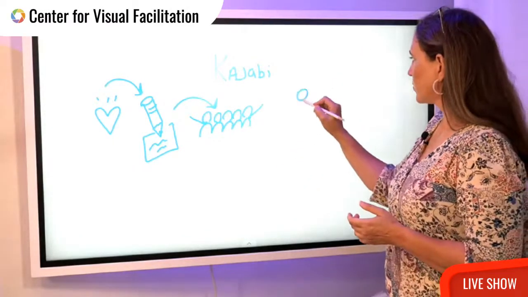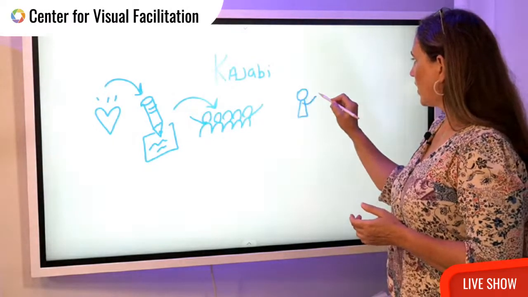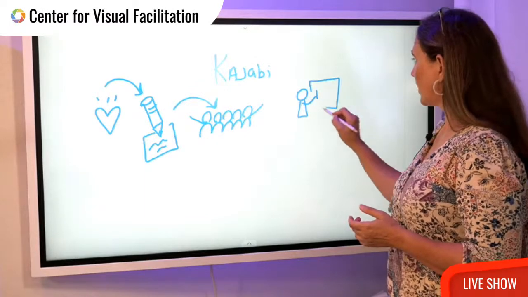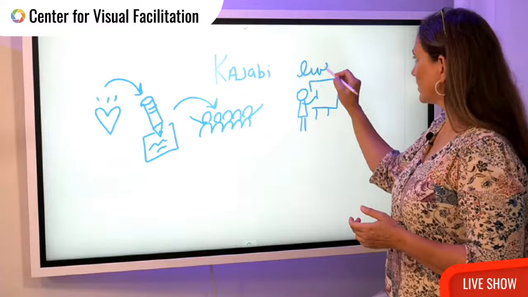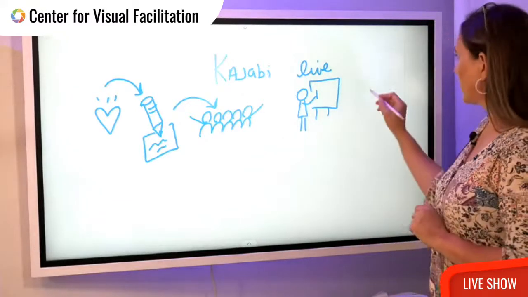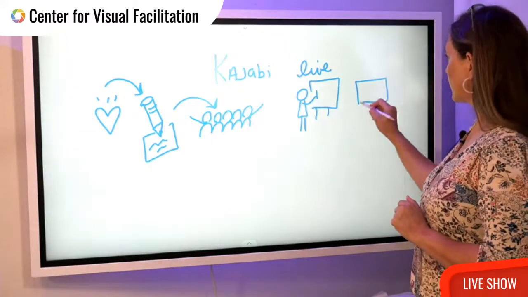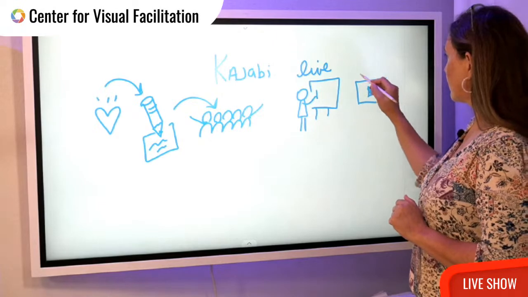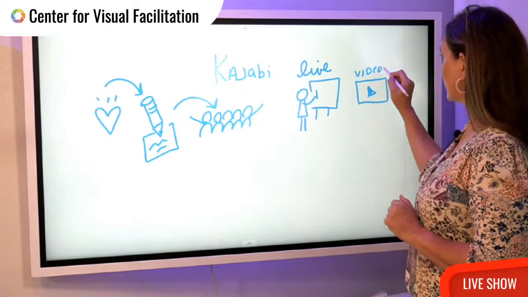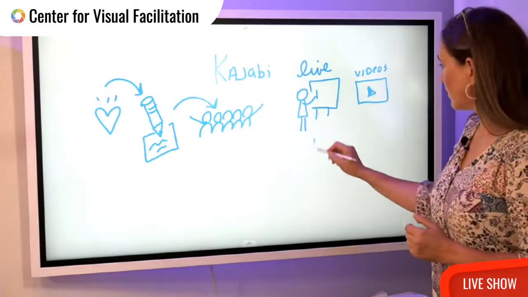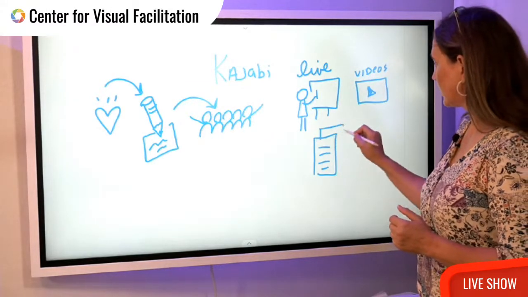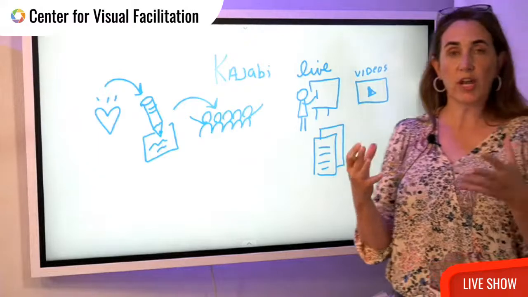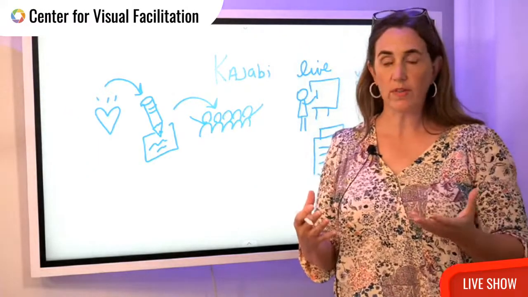First of all, I wanted to be able to do what I'm doing right now: live lessons with them. I also wanted to share with them a series of videos, and I wanted to be able to give them PDF printouts and content. So I wanted to create this material for them.